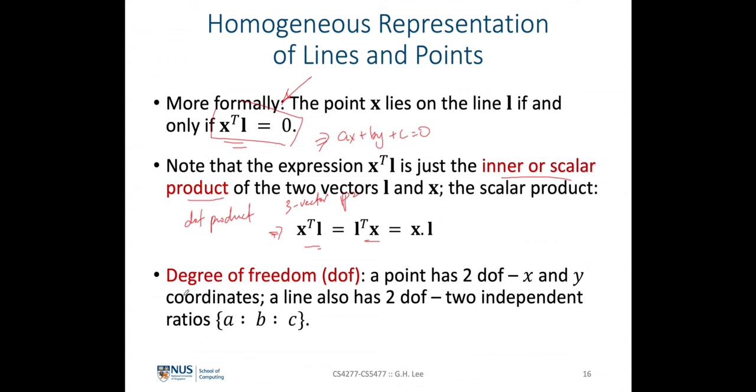And now, the degrees of freedom of a point is 2 degrees, simply because we saw that there are x and y coordinates which can be changed.